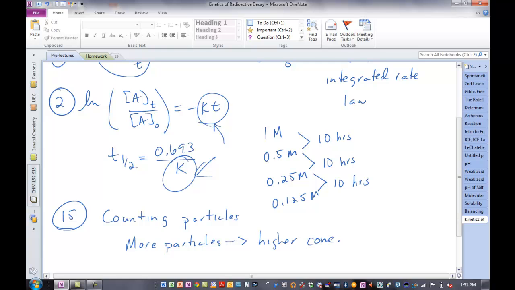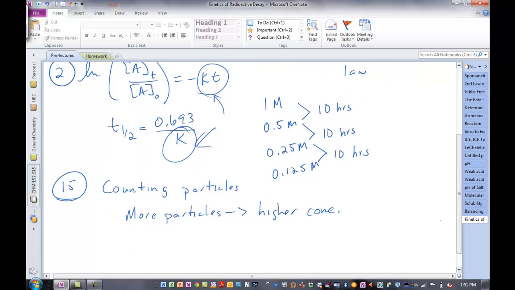Look at problem 16. Don't forget we can always talk about percentages. Okay? So the initial would be 100% of whatever it was we start with. We don't have to actually specify the amount. We start with a certain amount of substance. That's 100% of what we got. Now it's going to decay over time. What percent remains?